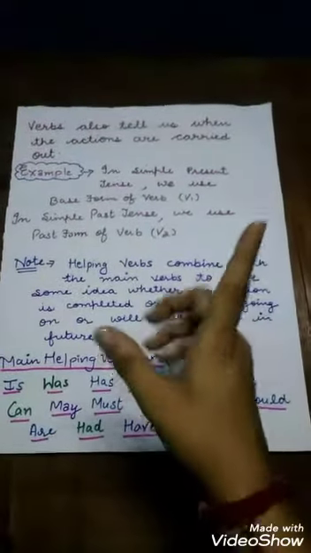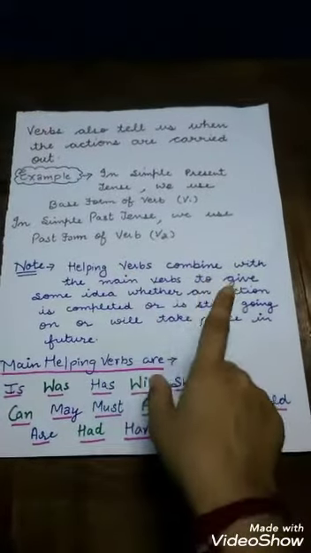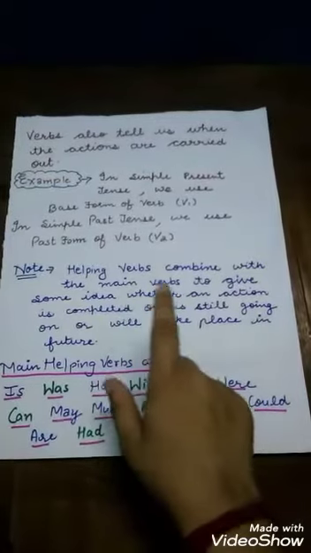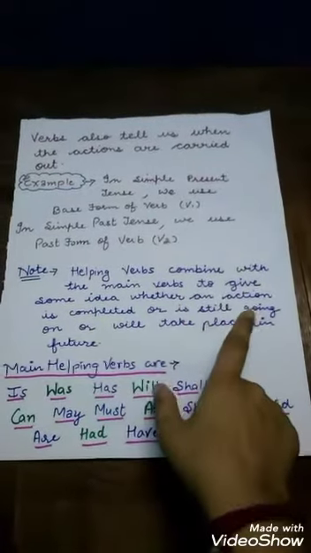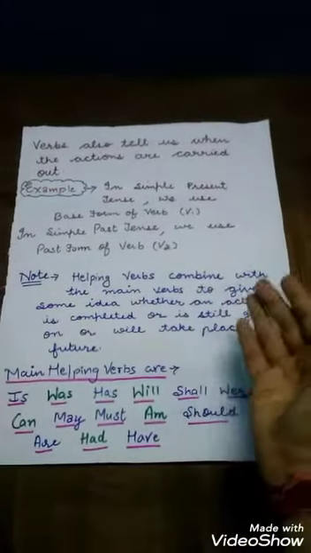Now students, you have to keep one thing in mind. Helping verbs combined with the main verbs are used to give some idea whether an action is completed or is still going on, or will take place in future.